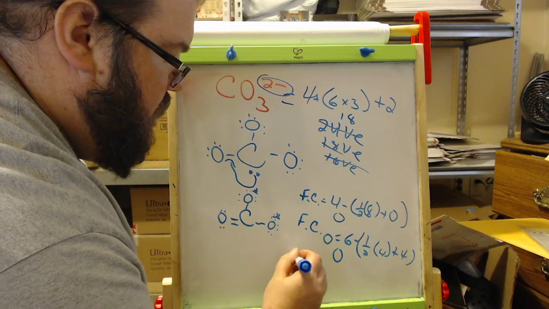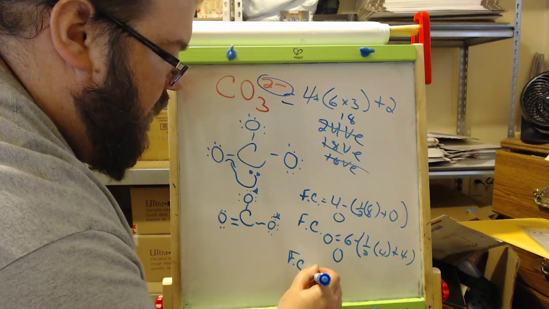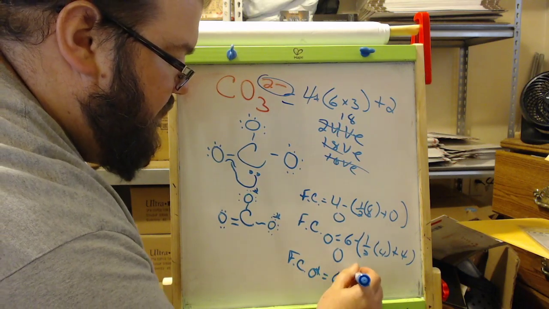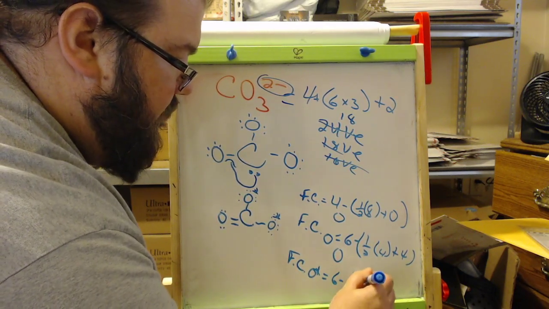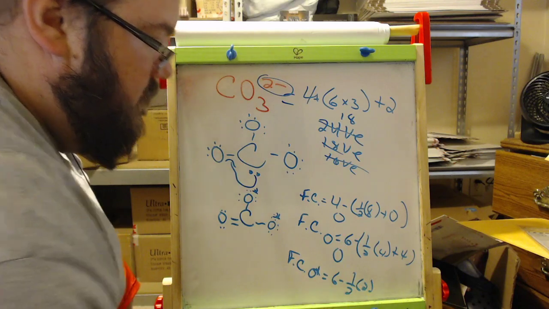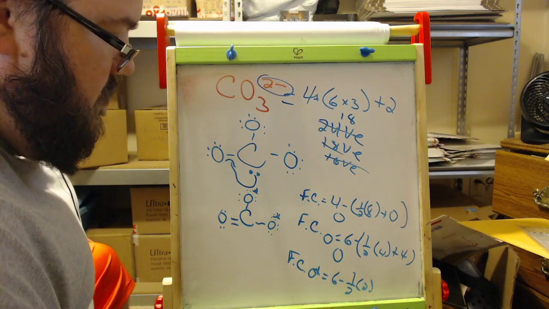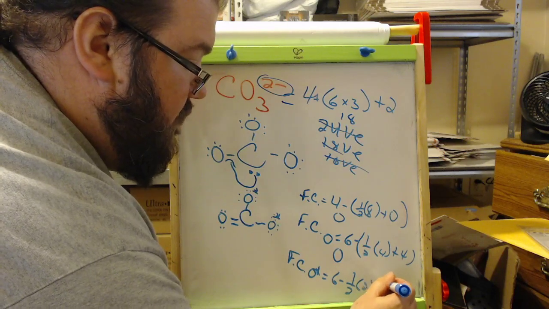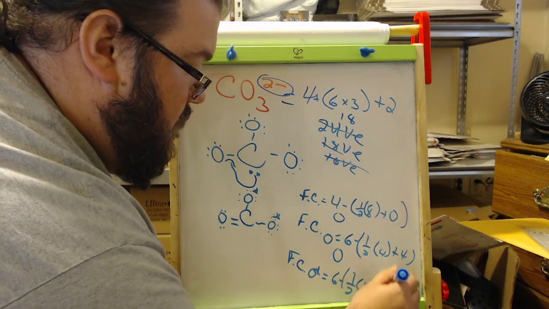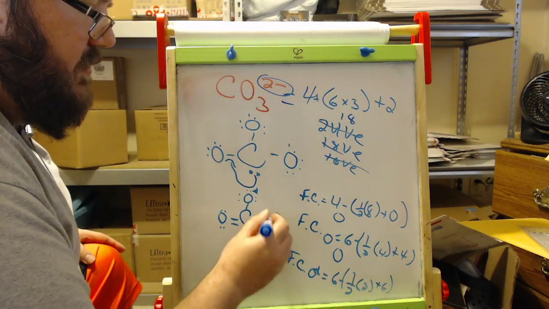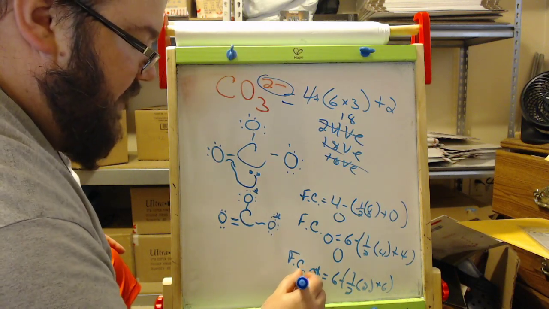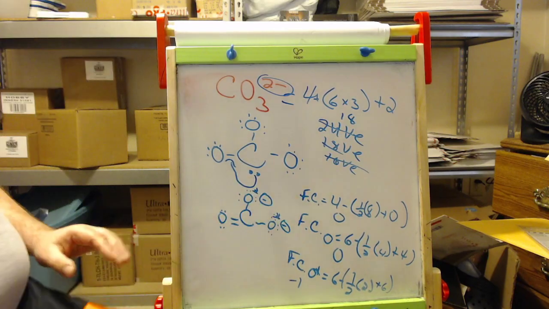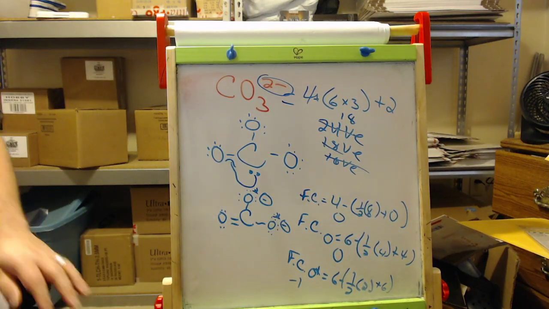And then the formal charge for oxygen star: 6 minus 1/2 of 2, plus 6 non-bonding. So it has 2 bonding, 6 non-bonding. That's a -1. So each of these are my negatives.